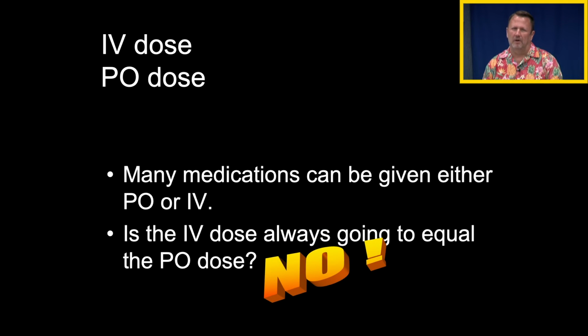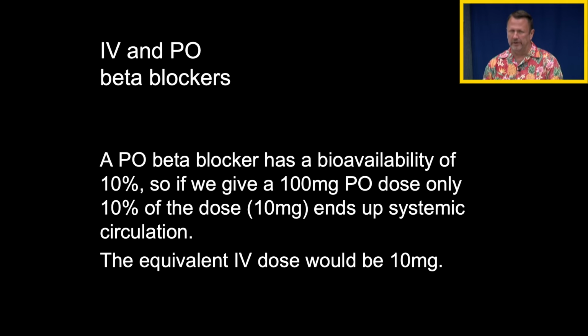So no. The IV dose is not always equal to the oral dose. And here is a great example of a not uncommon pharmacologic mistake: beta blockers and IV beta blockers. All right, so an oral beta blocker has a bioavailability of 10%, let's say. That means only 10% survives the first pass effect.